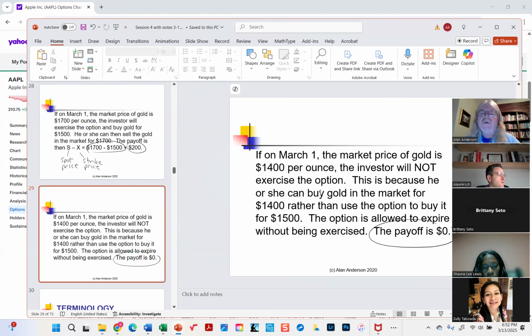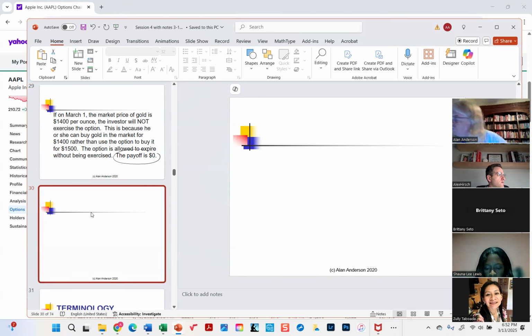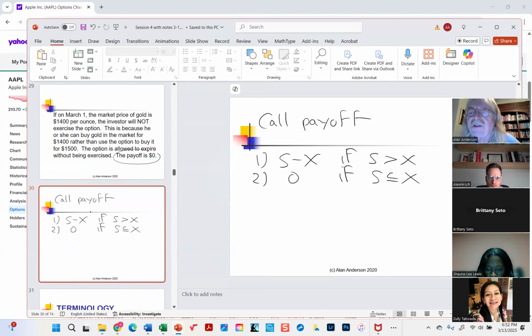So basically, to summarize, with a call option it's either S minus X if S is strictly greater than X, or 0 if not. In the first case, we exercise the option.